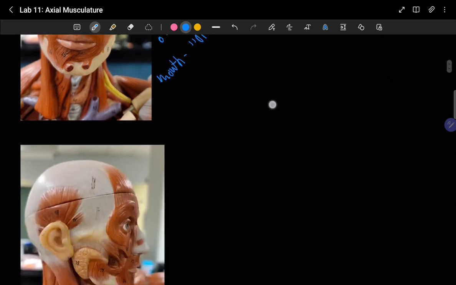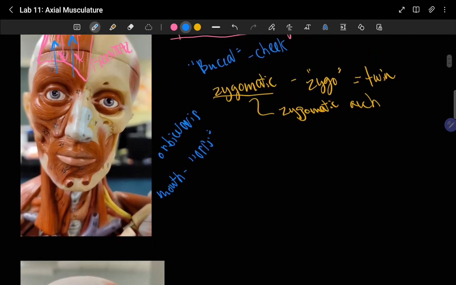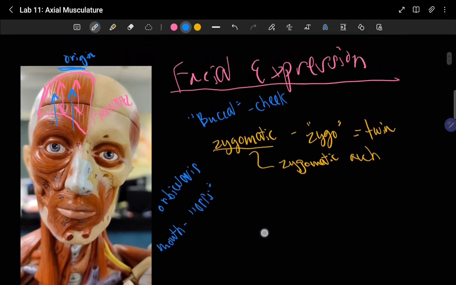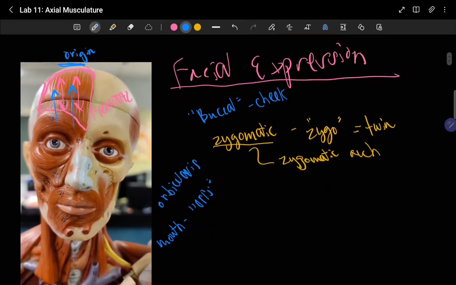There is a muscle called the platysma. We don't have it on our model, so don't worry about that one for the exam. We have a couple more muscles of facial expression here, so we're going to move further down the face now. We have our mentalis. Mentalis refers to the chin, so this is going to be our mental region inferiorly.